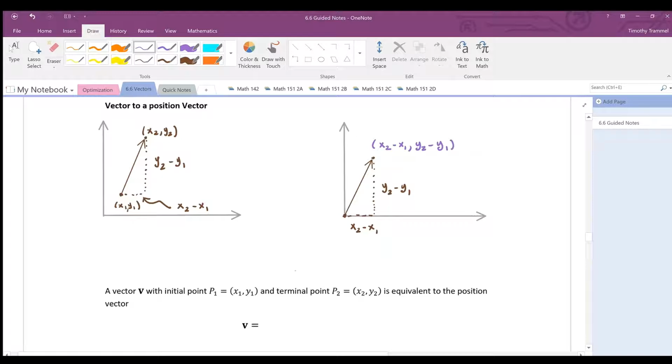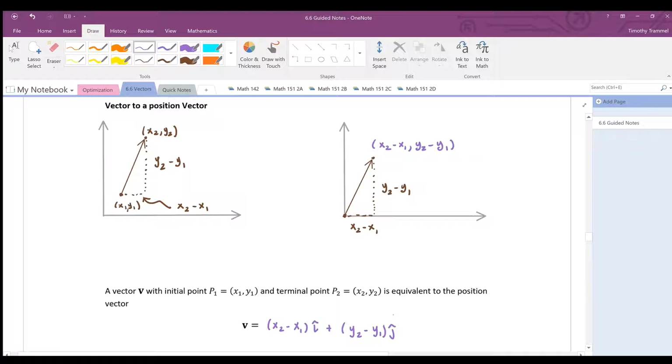So right here at the bottom, we're going to be writing v is equal to x2 minus x1 i plus y2 minus y1 j. Okay.